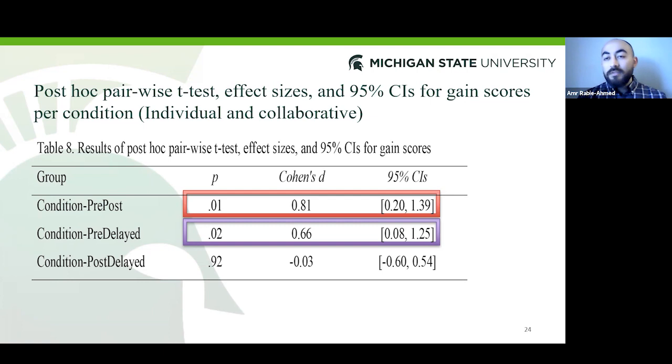So this answers the first research question: it looks like learning vocabulary collaboratively is more effective than individually.